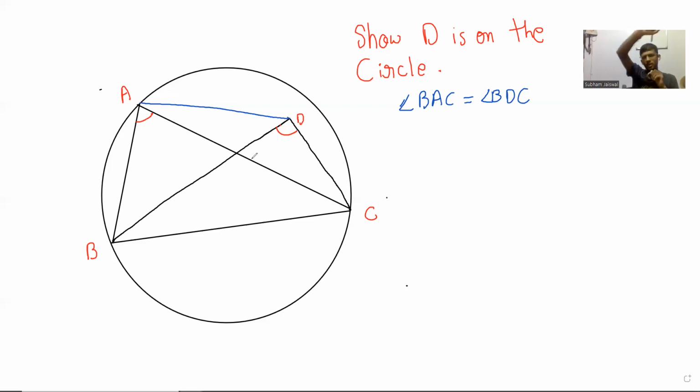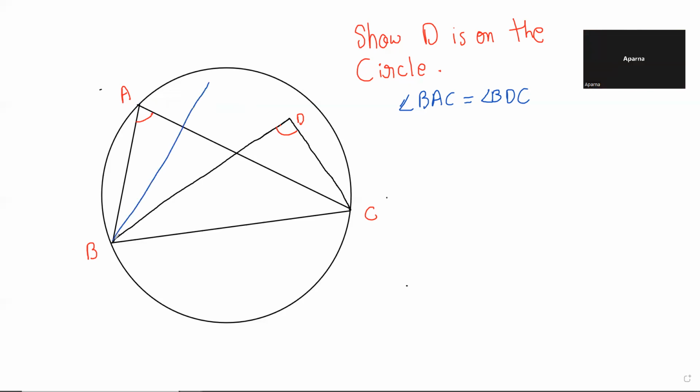Okay. Let's come to the first statement. The first statement you said is that if D is on the circle, then BAC is equal to BDC. Right? Yes, sir. Right. So, Ishana, are you aware of this result?